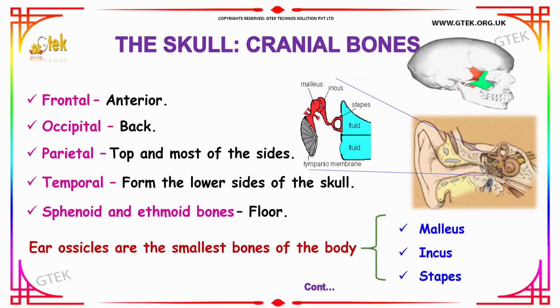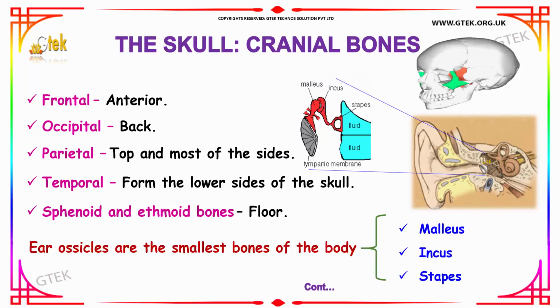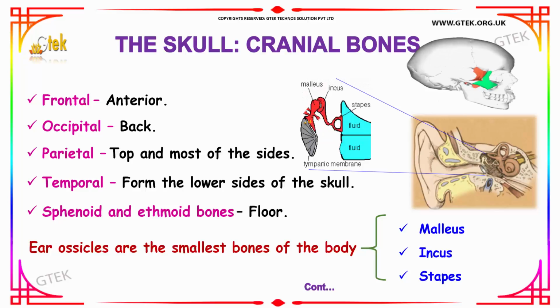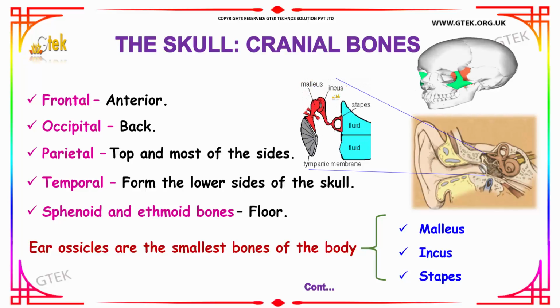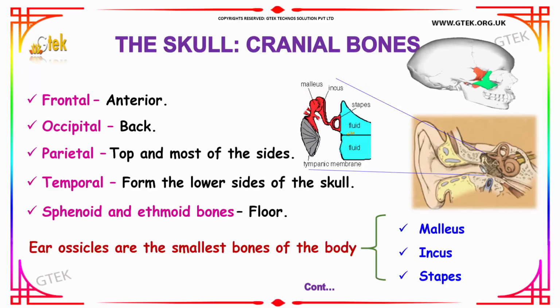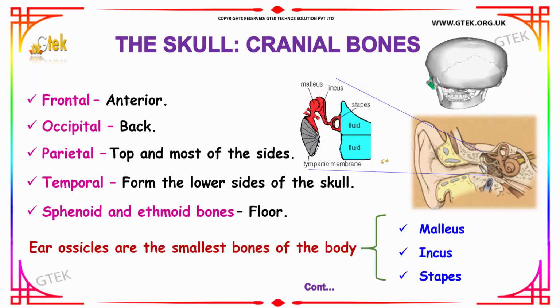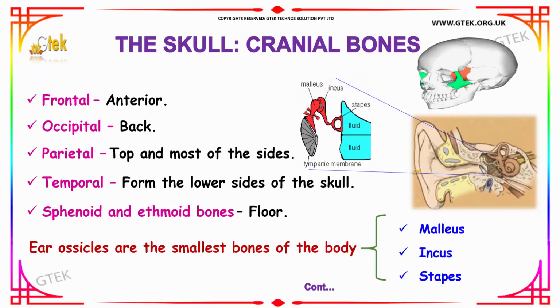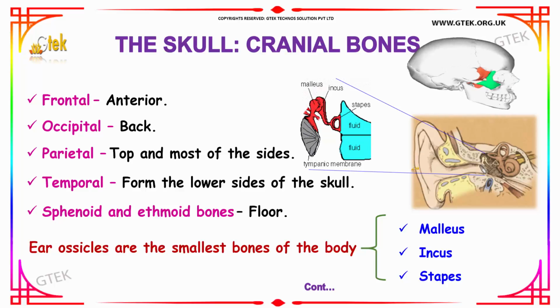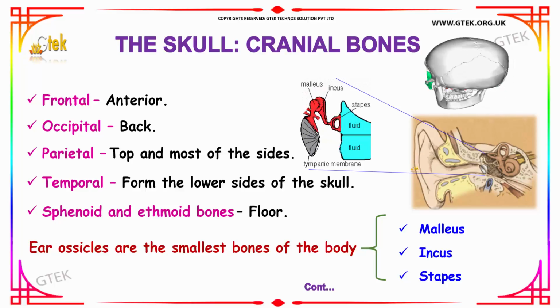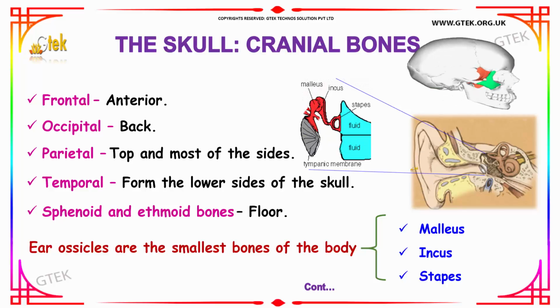So if you see, we have the three smallest bones of a human body, which include the malleus, incus and the stapes. So these are the three bones which are the smallest bones of the body.